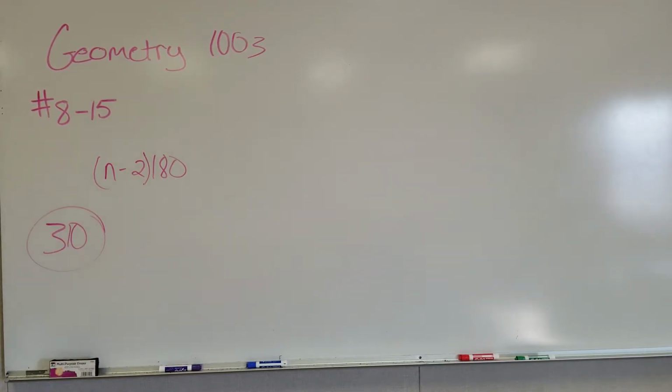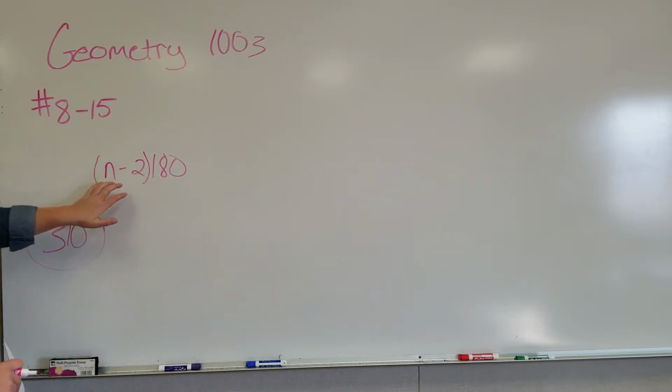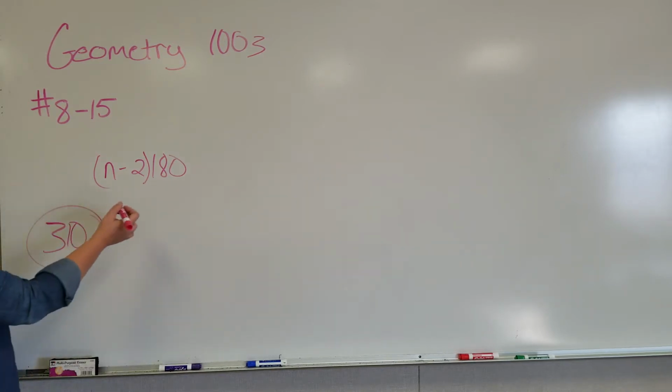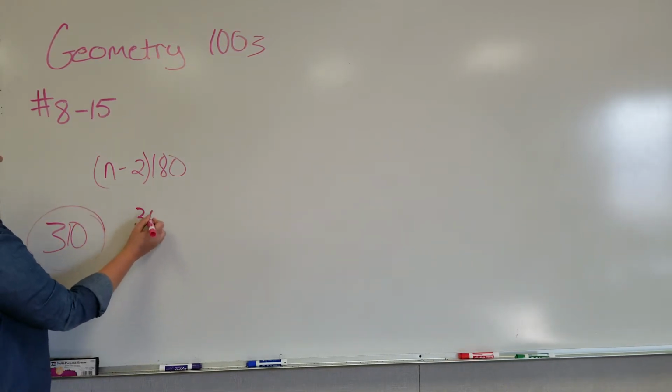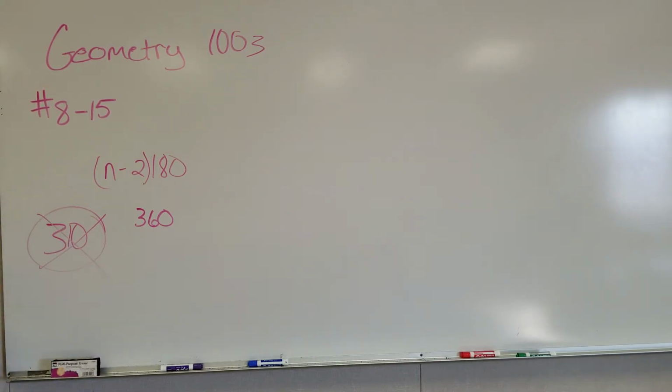Because every sum of interior angles of a polygon is going to be a multiple of 180. It's going to be 180 times something. And 180 times 2 is 360. Skips right over 310. So the sum of the interior angles has to be a multiple of 180.